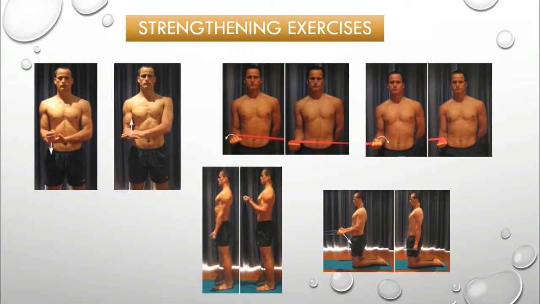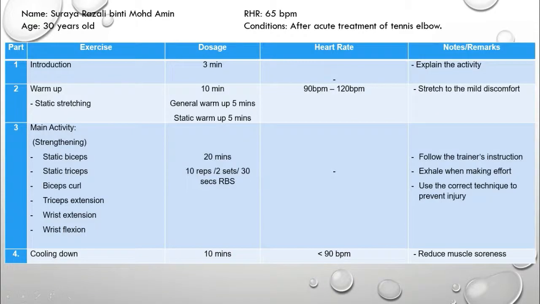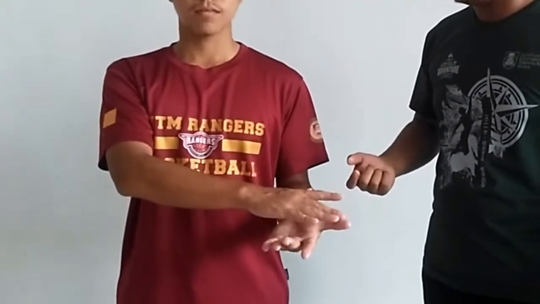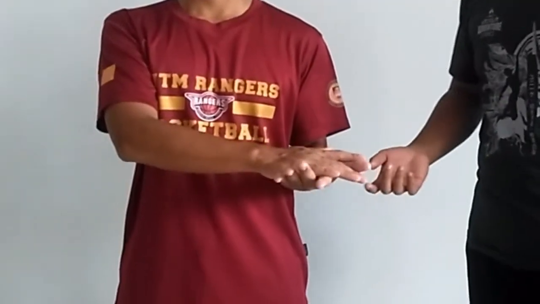For strengthening exercise, this includes static bicep, static tricep, bicep curl, tricep extension, wrist extension, and wrist flexion. Do this for 10 reps for 2 sets and 30 seconds rest between sets. First, bend to 90 degrees with palm up, and use the other hand to push up against the hand, so it will be like this.